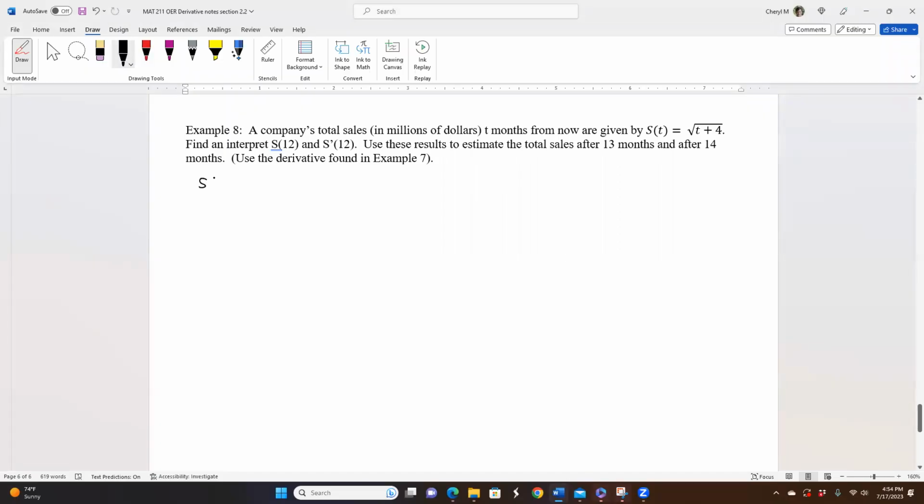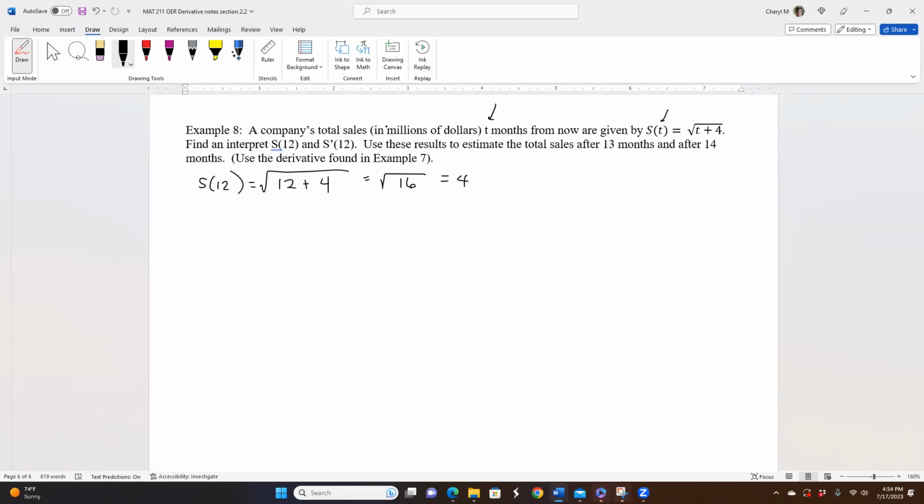So here, let's look at what s of 12 would be. It wants us to find s of 12. Well, let's see if we can interpret this. T is months. And since t is our independent variable, what we're talking about with s of 12 is 12 months later. And s represents the sales. So s of 12 means the sales 12 months later. So if we substitute in 12 for t plus 4, we get the square root of 16, which is 4.